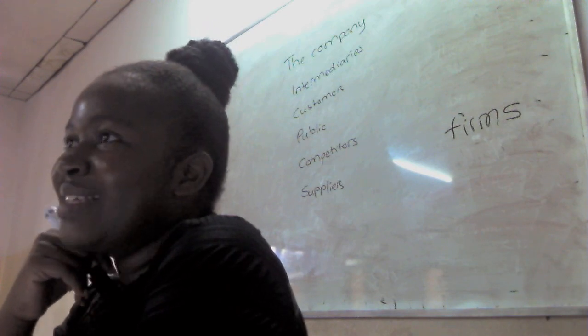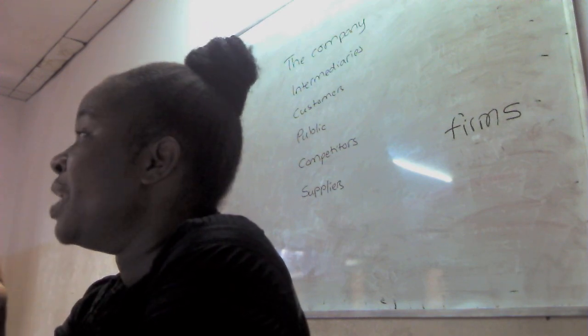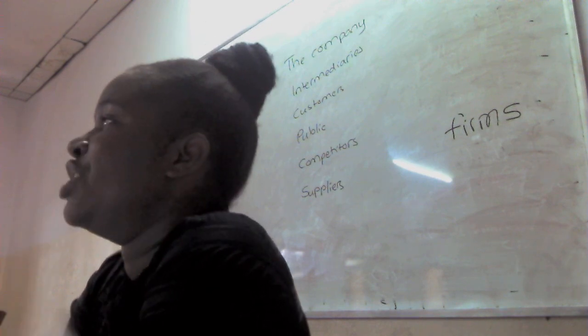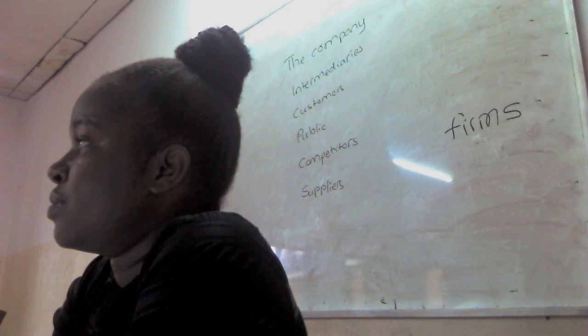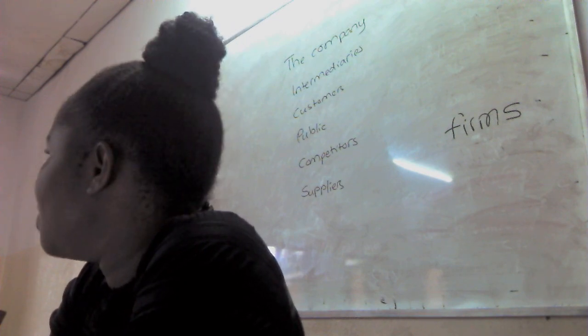Okay, so the second type of intermediaries are the physical distribution firms.